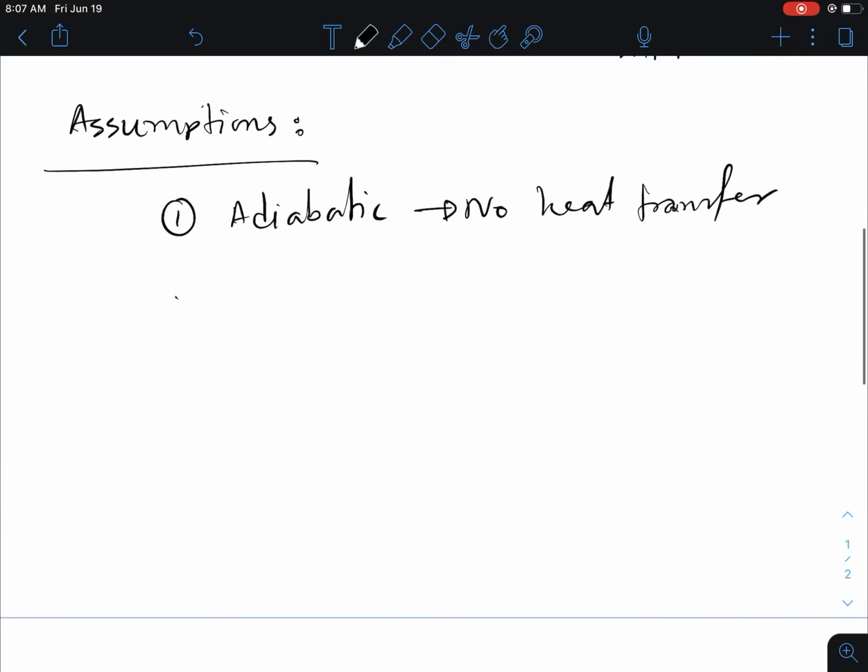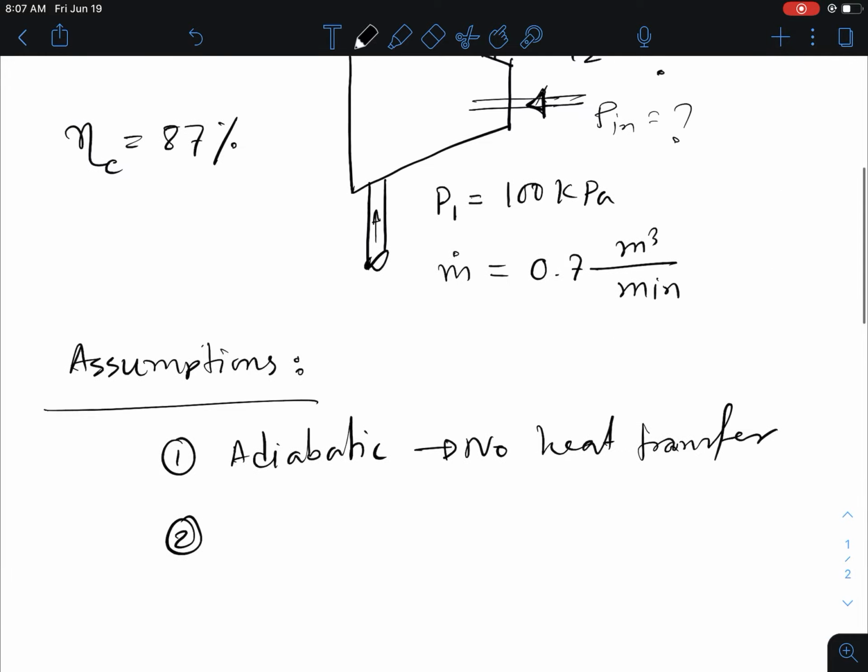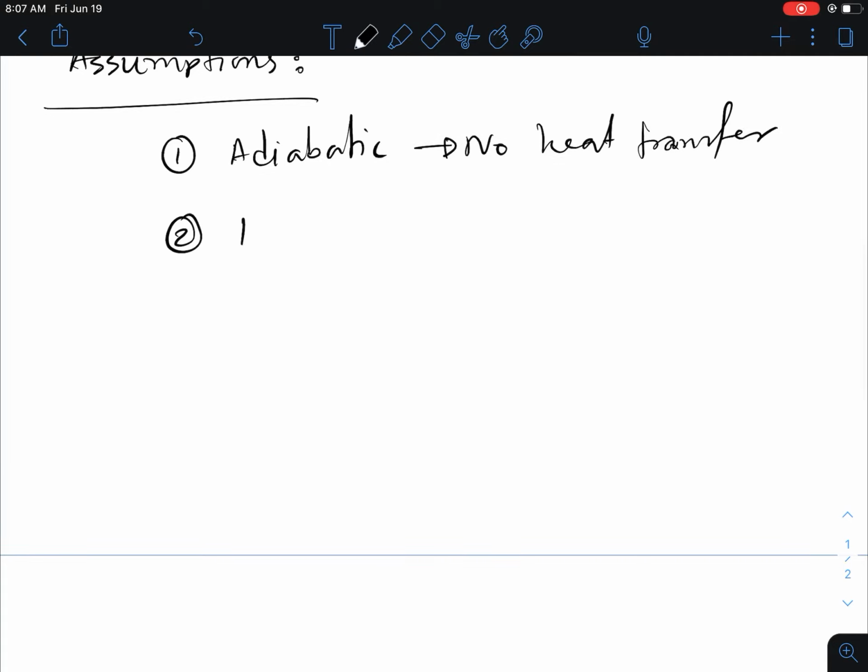Second thing is that it's a compressor, so there is no change in the velocity or no change in the elevation, right? So that means kinetic energy and potential energy are negligible, or we can neglect them.